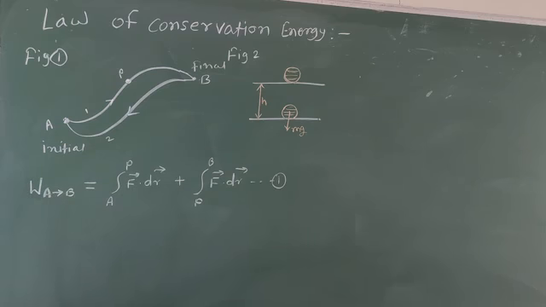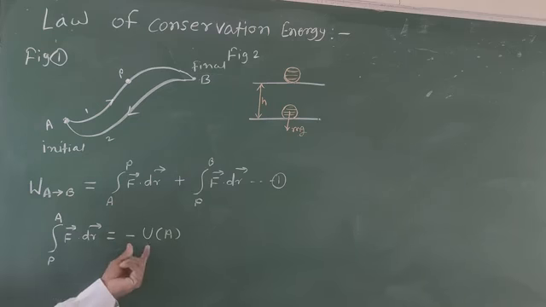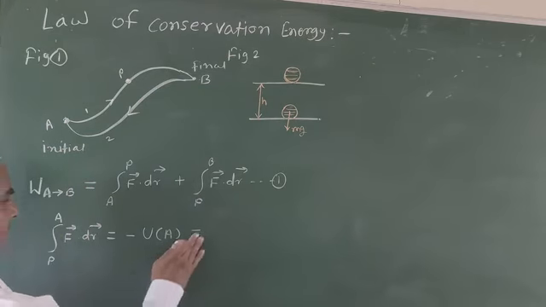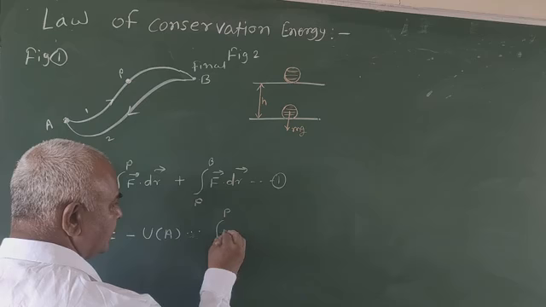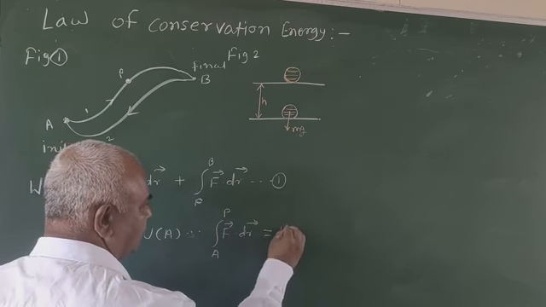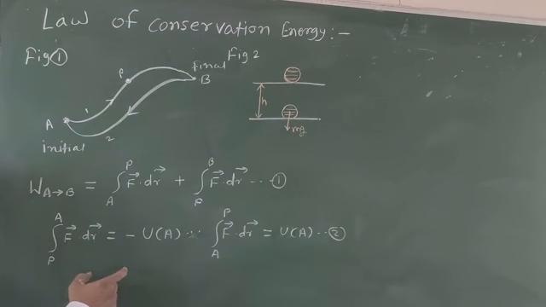Now, as the force is conservative, the work done, integration from P to A of F bar dot dr bar, is equal to minus U of A, the total energy at point A. That means when we consider the transition from A to P, F bar dot dr bar should be equal to U of A. Say equation number 2.